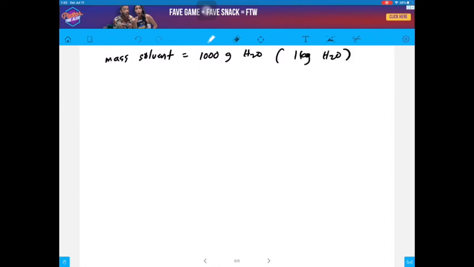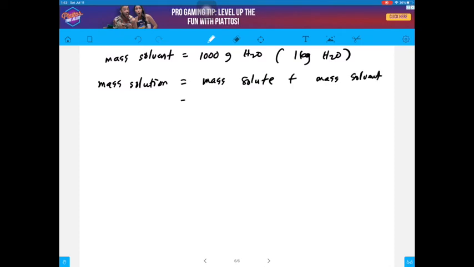So how do we find the mass of the solution? By adding the mass of the solute and the mass of the solvent. In this context, the solute is sodium chloride and the solvent is water.